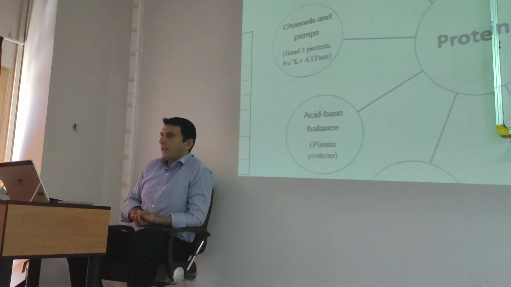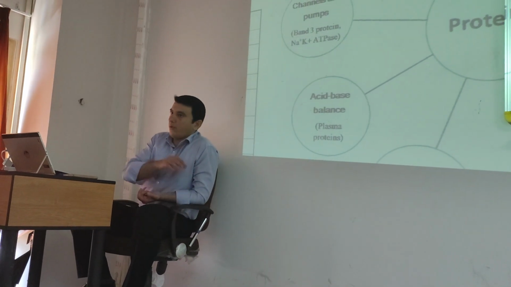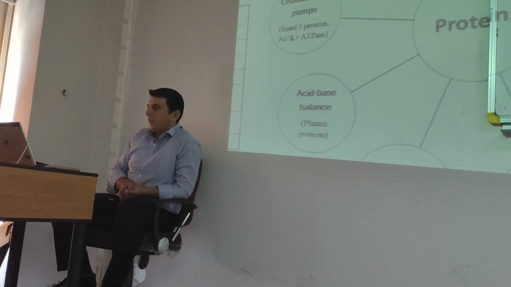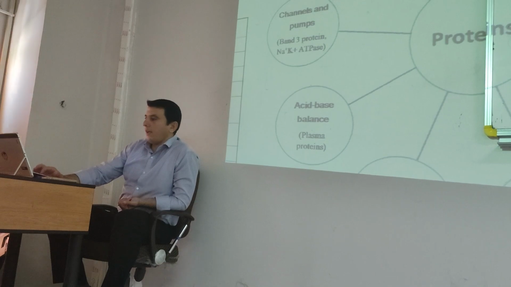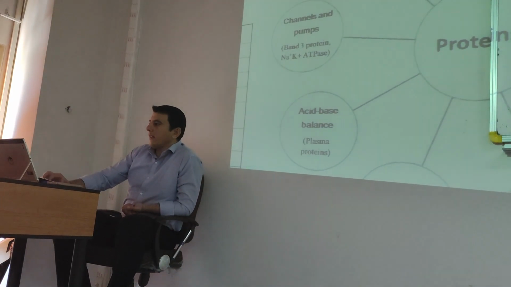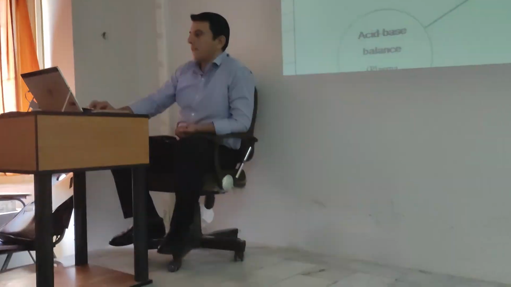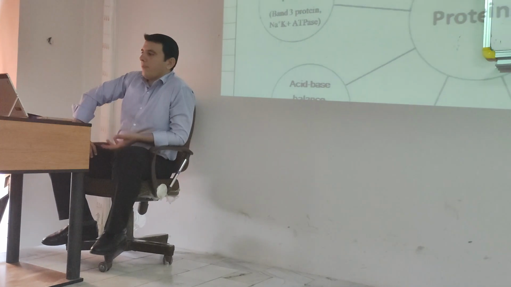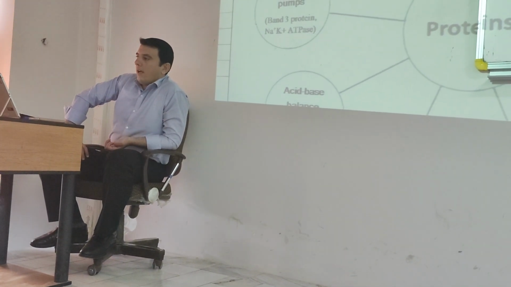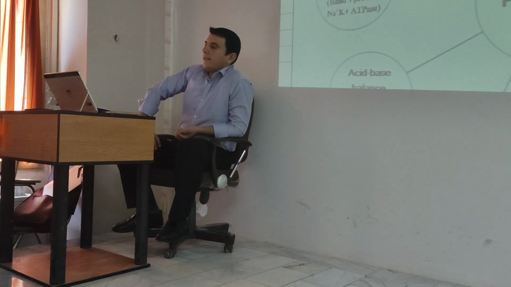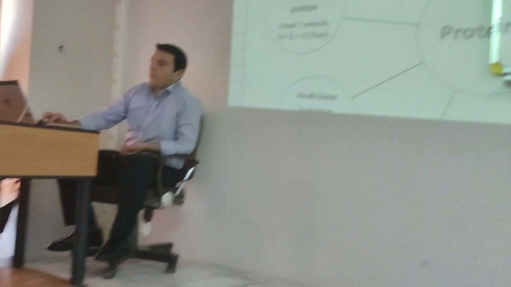I explained in detail in our last session the buffering reaction of amino acids. So they can be involved in acid-base balance. And the last, but not the final, example of the function of these amino acids and proteins, especially proteins, is that they are channels and pumps.